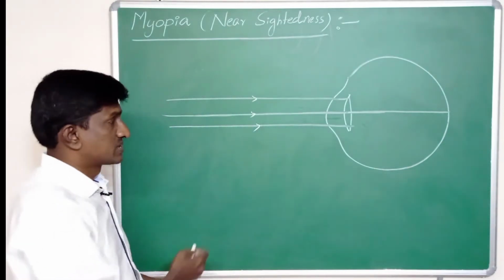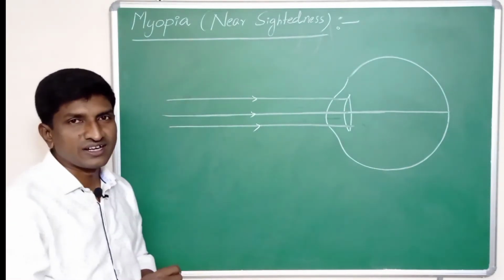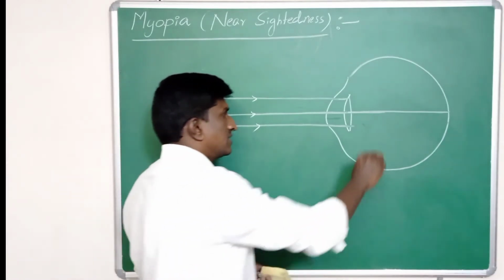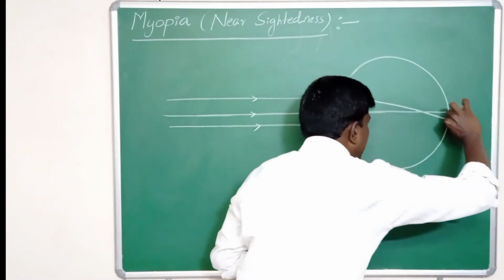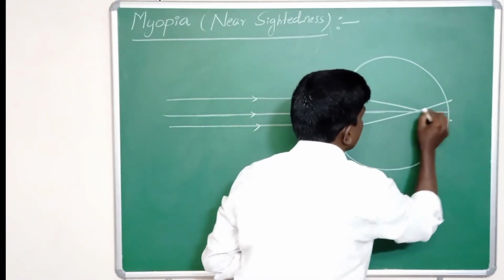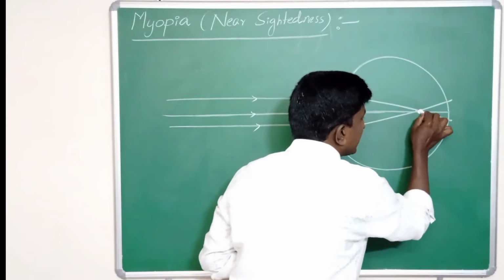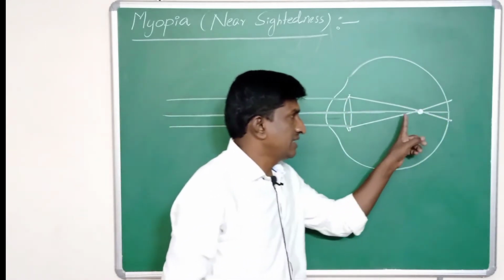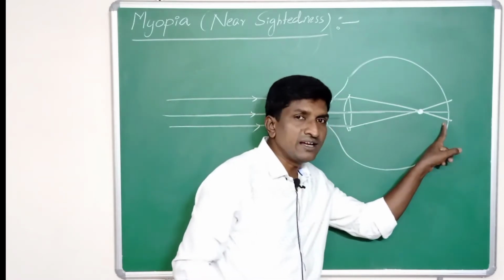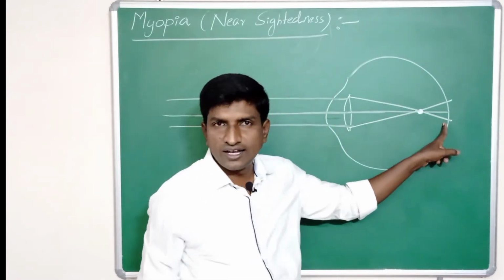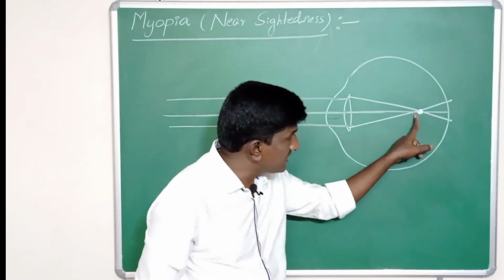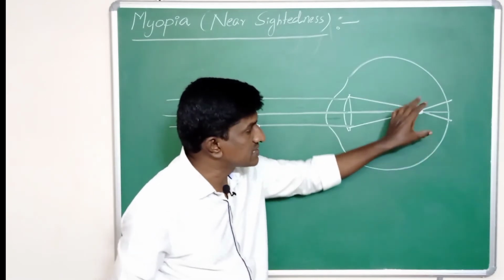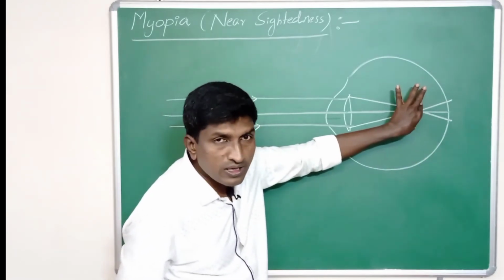But for the person with myopia, the maximum focal length is less than 2.5 centimeters. So after refraction, these light rays converge just before the retina. Here the image is formed. If the image is formed on the retina, we can see that image clearly. But here the image is formed just before the retina. That's why this image is blurred.